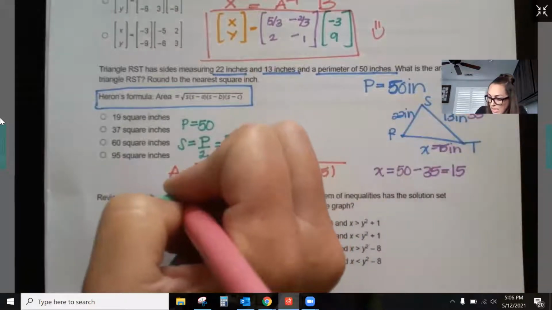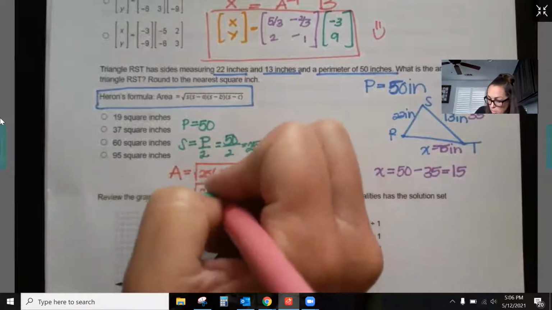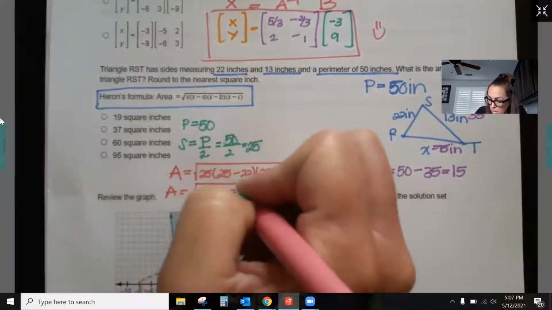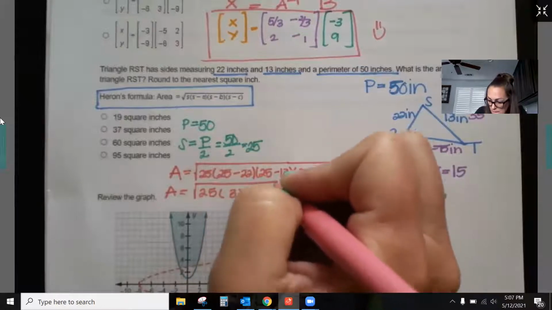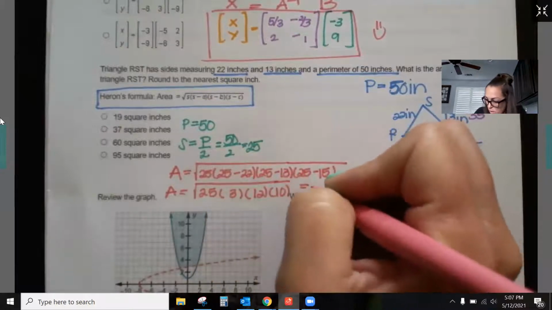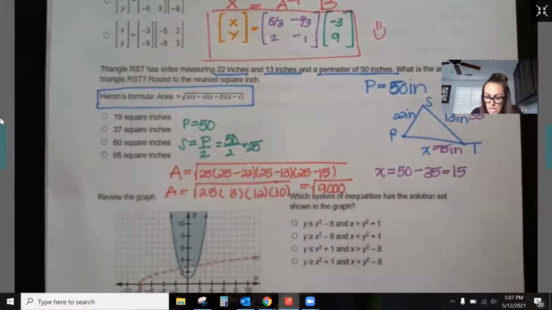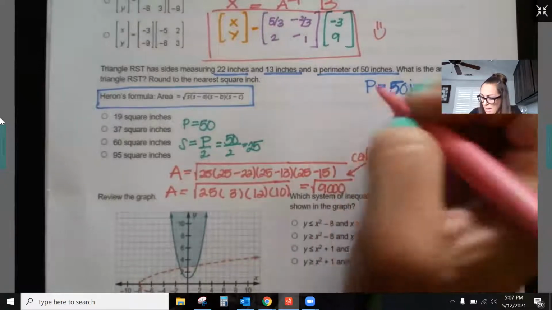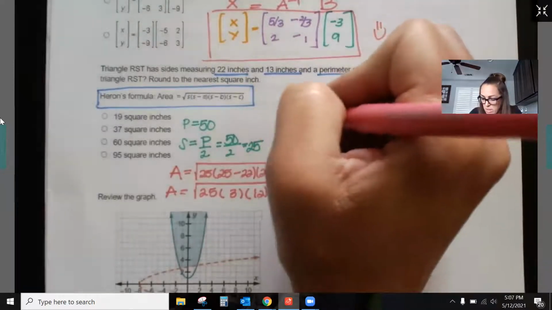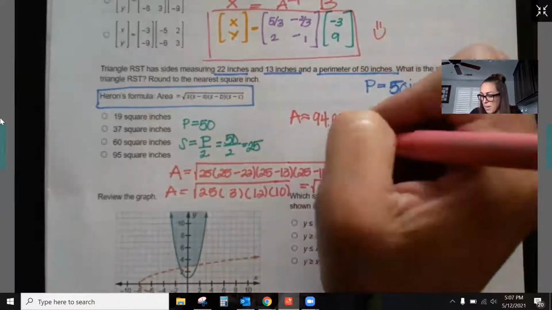And then I'm going to clean it up, and I get A is equal to the square root of 25 times 3 times 12 times 10, which is going to equal the square root of 9,000. Plug that into my calculator, and I end up with A is approximately 94.87.